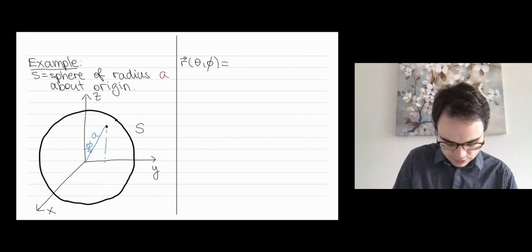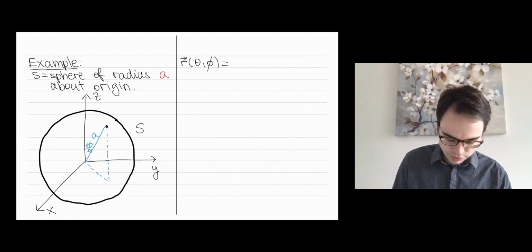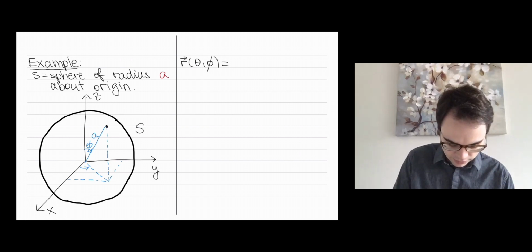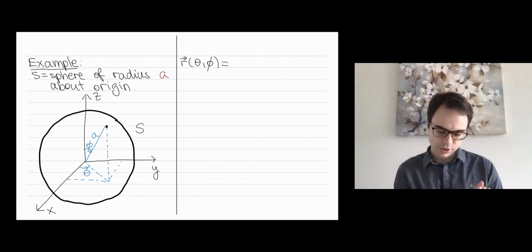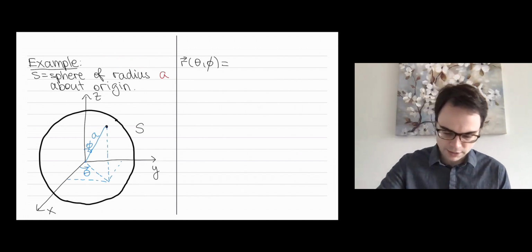Theta is just the angle around the z-axis. A way to get theta is you forget about z, and then you get a point in the xy plane, and then you look at the theta angle for that. That angle is an angle around the z-axis, measured from the x-axis towards the y-axis.